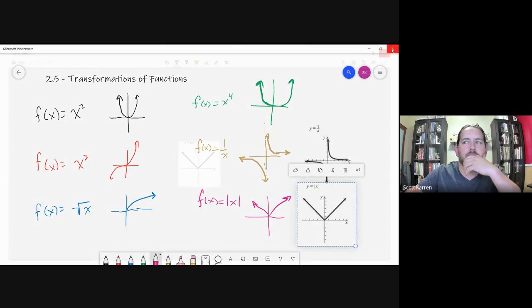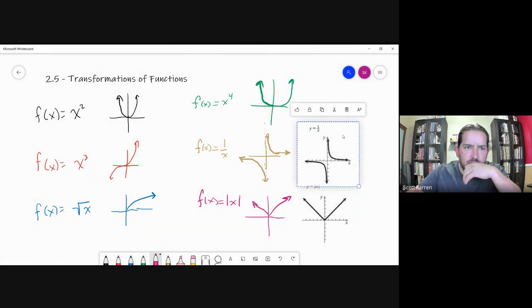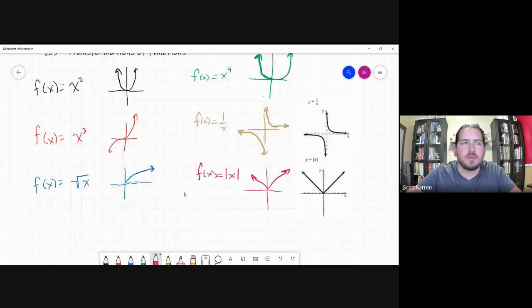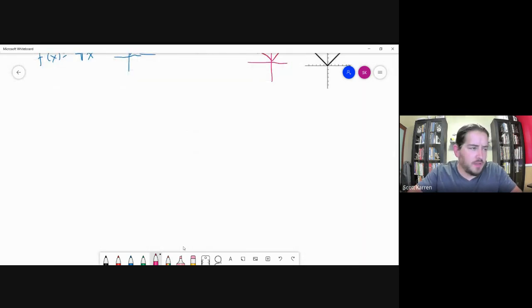Okay. So these are a couple of functions that you want to be familiar with. If I start messing with these just a little bit, if I have f of x equals x squared plus 3, right?